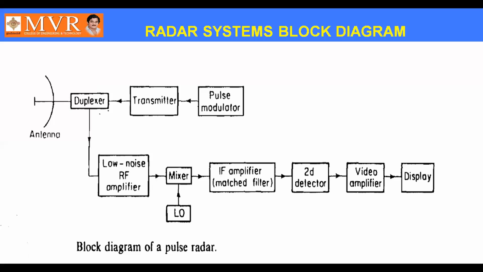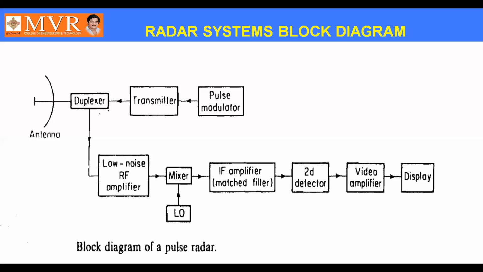Why? Because the transmitter sends the electromagnetic signals into the air with a huge amount of power. While designing any receiver, in order to receive very low signals, we need to design the receiver so that it can withstand only very low powers.